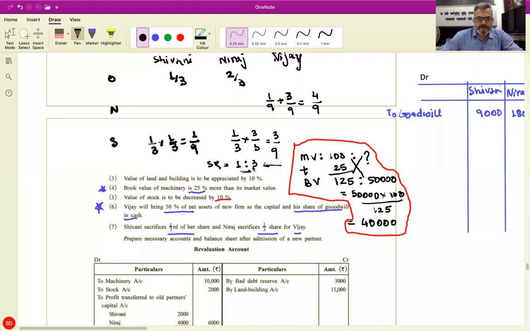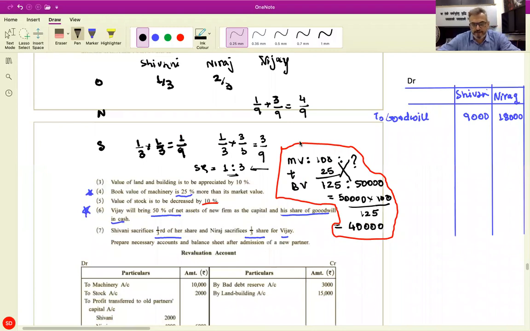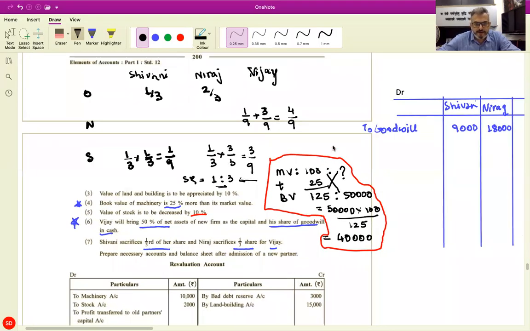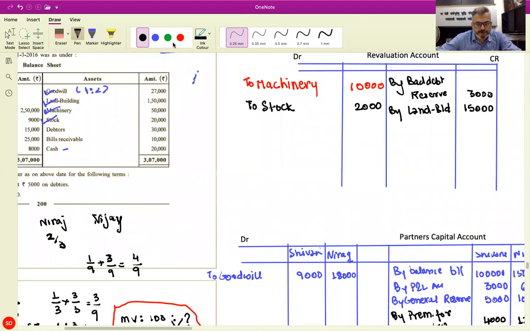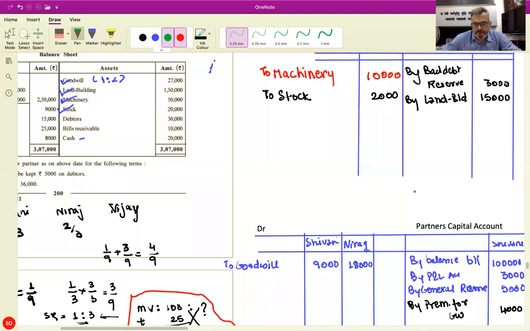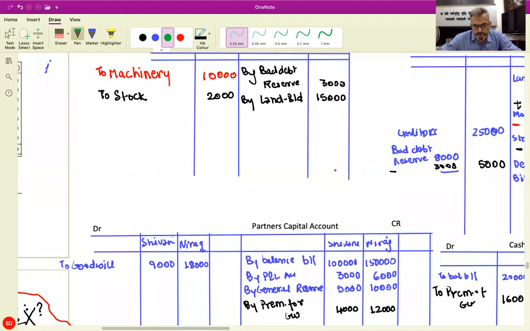Now, sixth adjustment. For doing the sixth adjustment, first let's close the revaluation account and see whether we are getting profit or loss. 18,000, credit side is more.